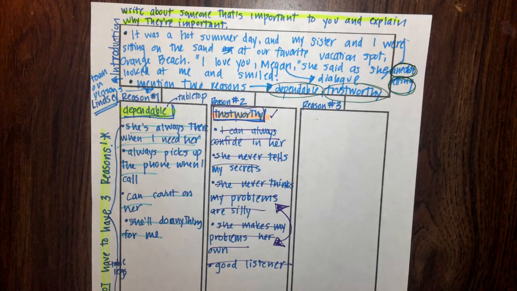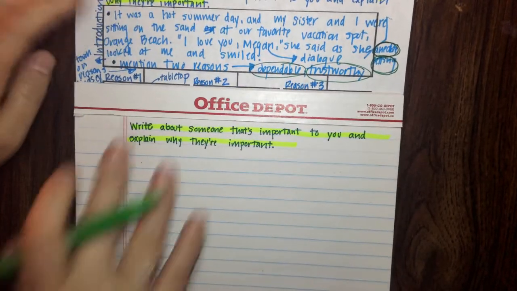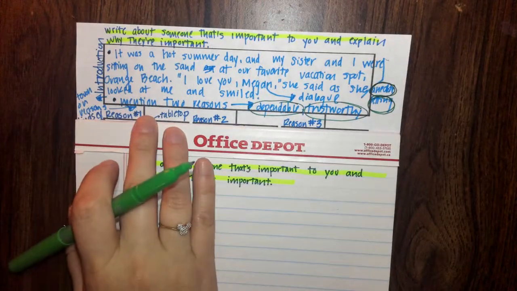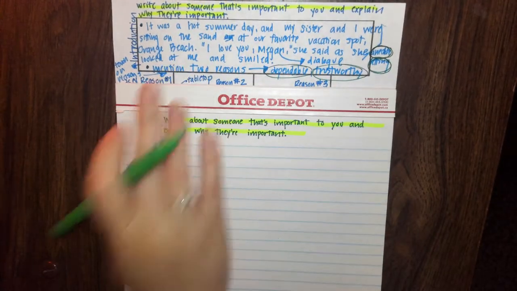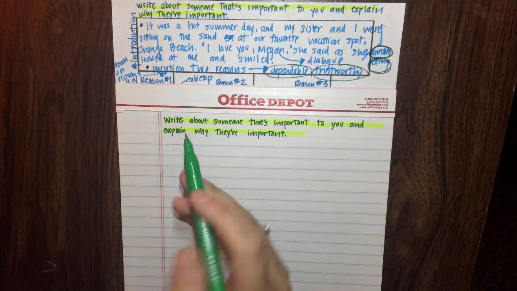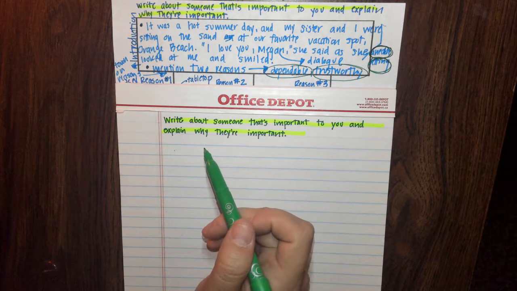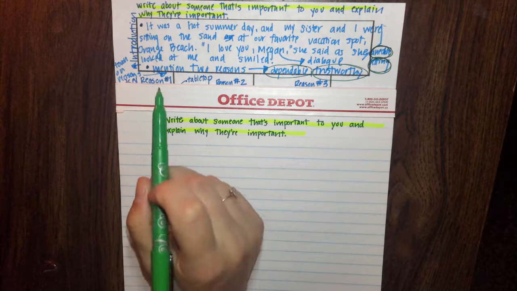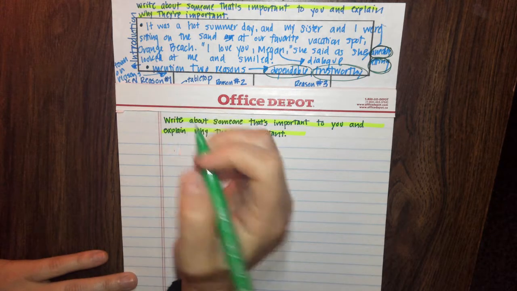And so let's go ahead and go over to our tablet, and I'm going to leave my brainstorming for my graphic organizer right here to kind of help me as I'm writing it. So I've already written my prompt, which is write about someone that's important to you and explain why they're important. And so on my essay, I'm turning my bullet points into sentences.